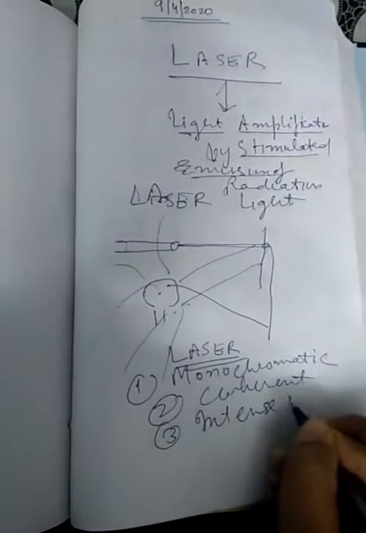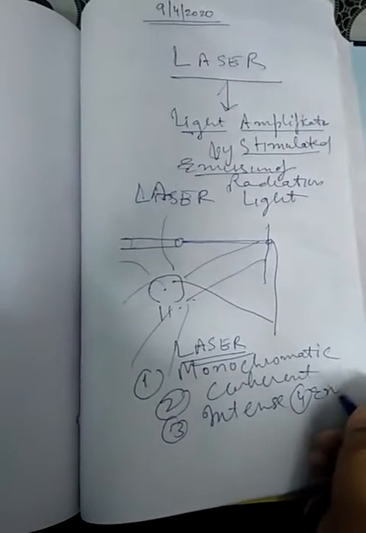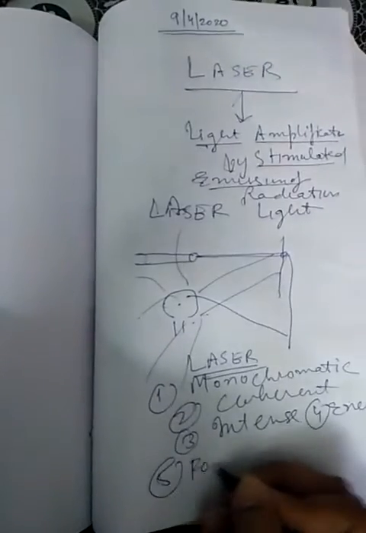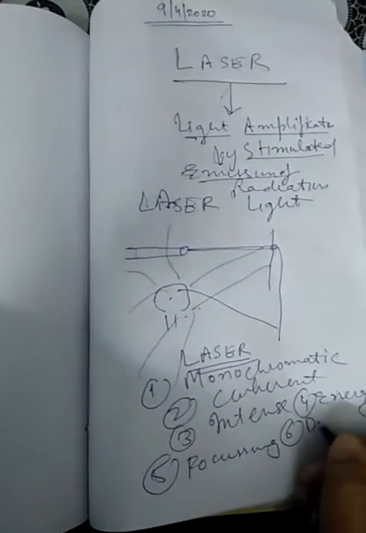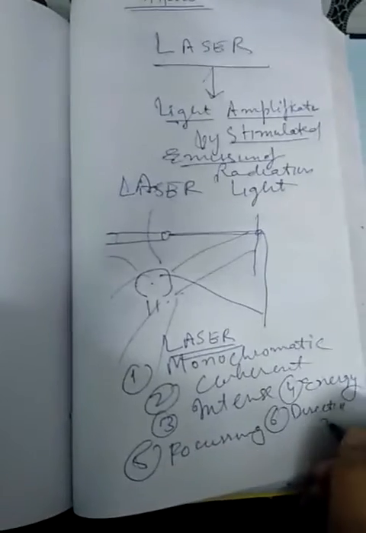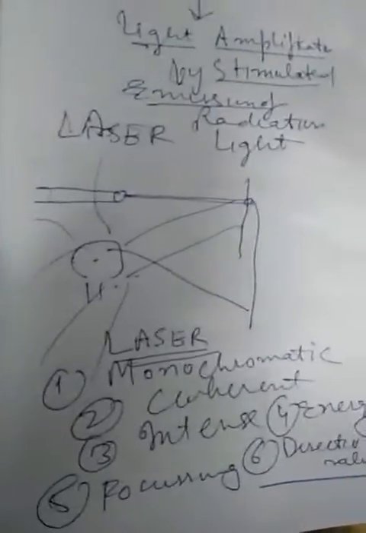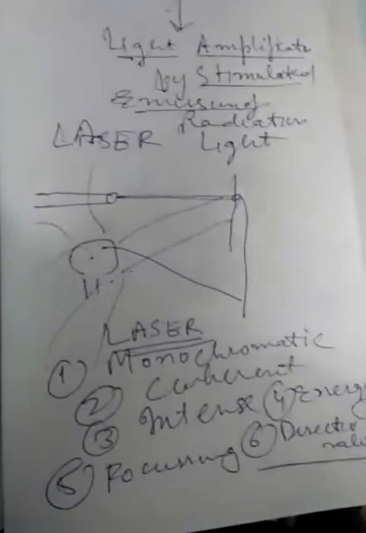Fourth, it has high energy. Fifth, its focusing point. And sixth, its directionality. So these are the six properties possessed by the laser which make it different from the ordinary source of light. Now, what do you mean by monochromaticity? What do you mean by coherence? Let us discuss all this in detail.